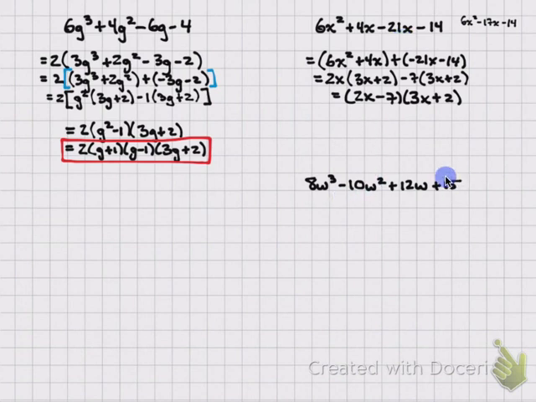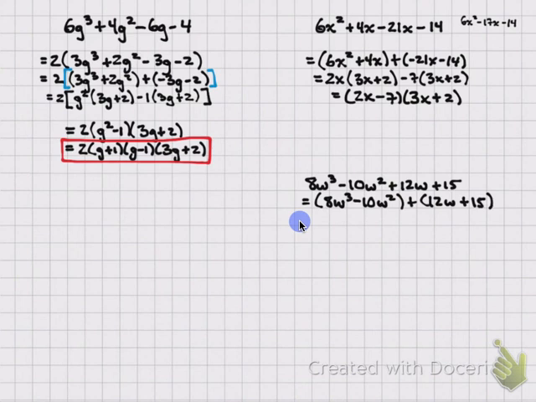And I want to look at this very last one for a moment. All right, it's in standard form. I'm not seeing any common factors. We've got 4 terms. Boom. Let's go ahead and try to factor this guy. Let's do some grouping. So we've got an 8w to the third minus 10w squared, and then plus the quantity of 12w plus 15.